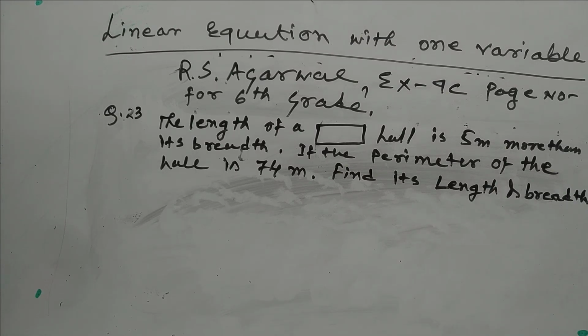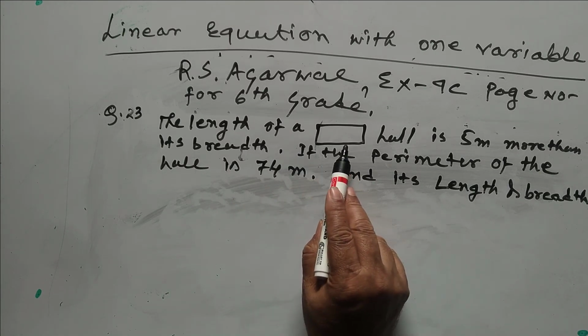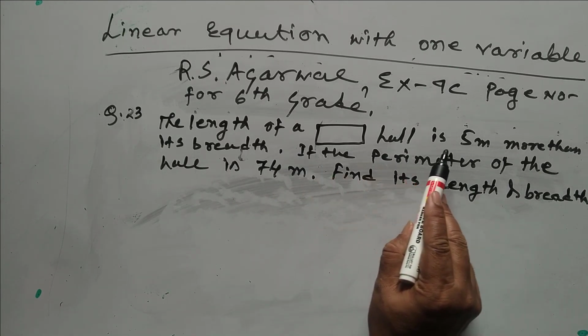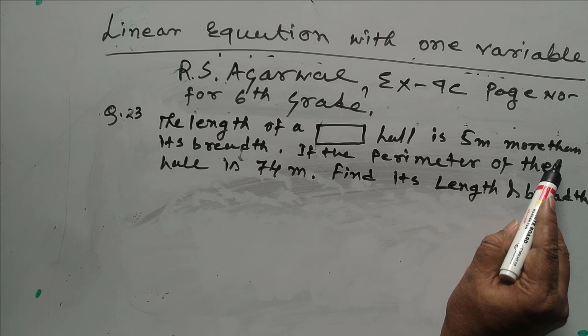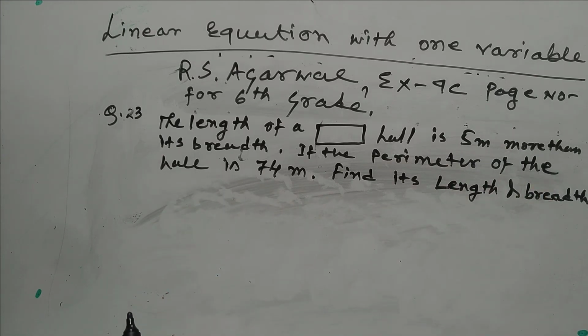Okay, so the question: the length of a rectangular hall is 5 meter more than its breadth. I don't know what the breadth is. It may be 7 meters, 10 meters, whatever. So this is unknown to me.